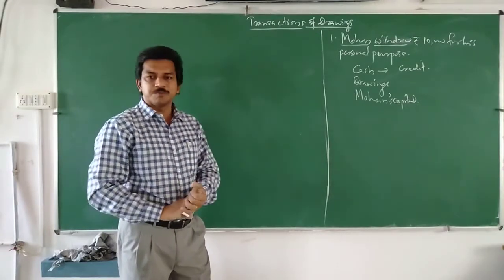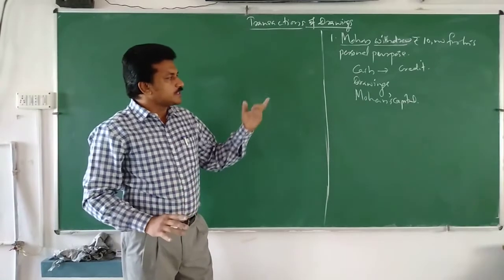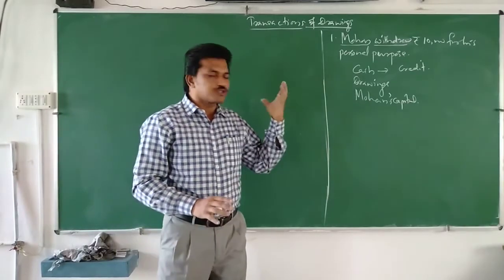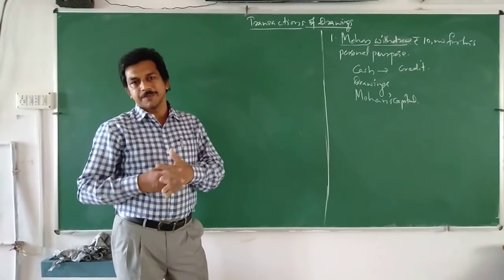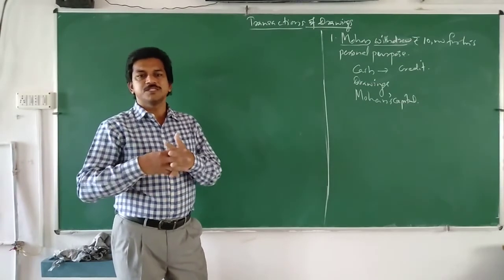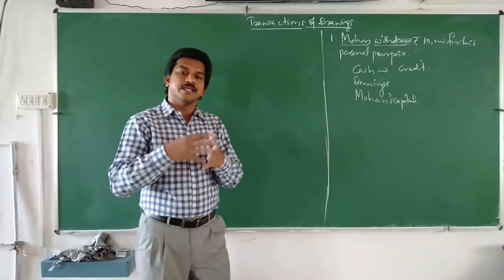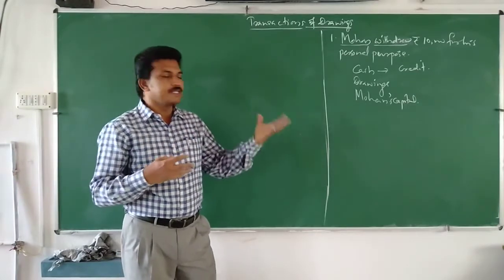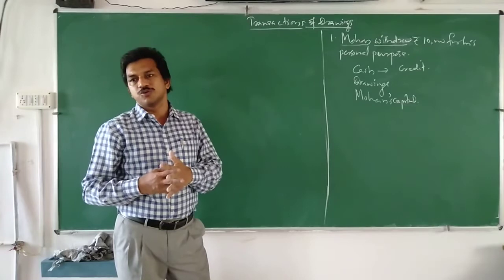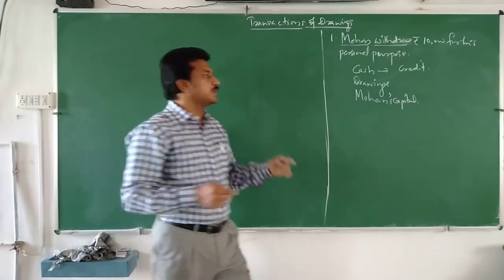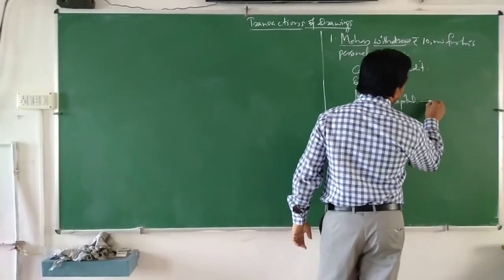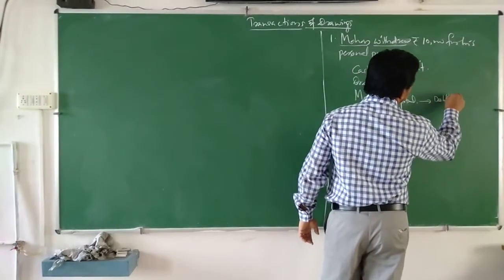So Mohan's capital can be written. And let us see what happens to Mohan's capital. Mohan receives the money. So debit the receiver and credit the giver. That is the personal account rule. So Mohan's capital will be debited.